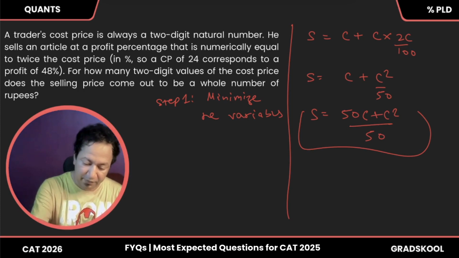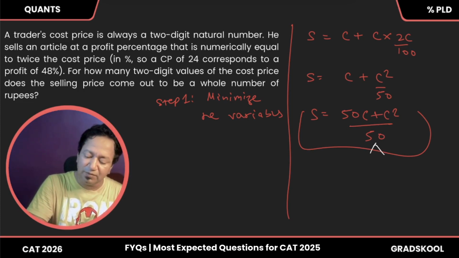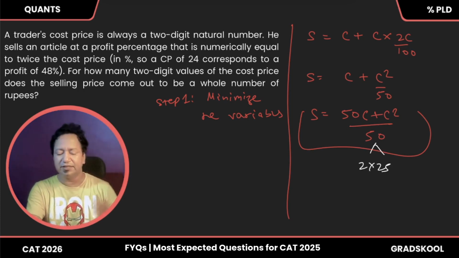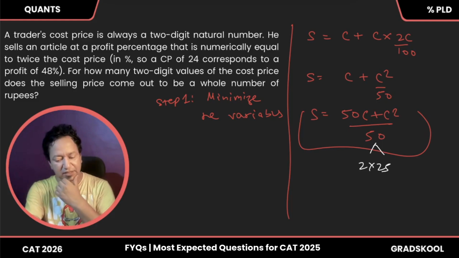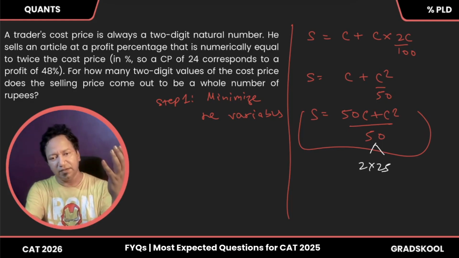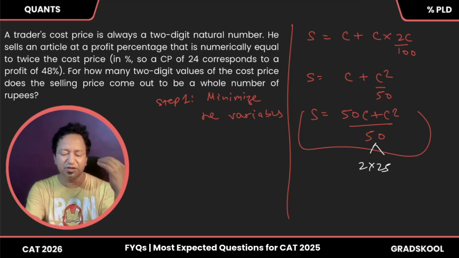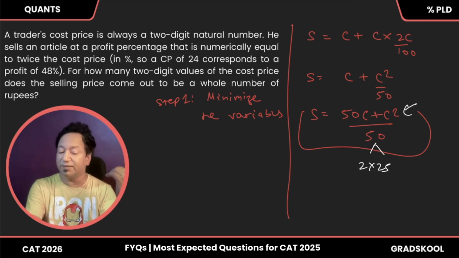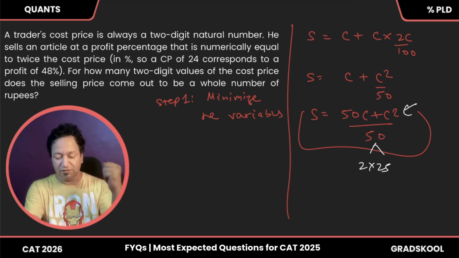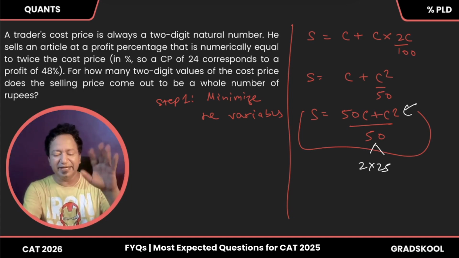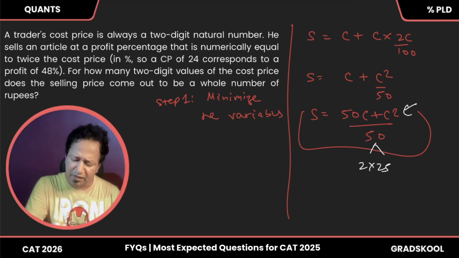What exactly is 50? 50 is 2 multiplied by 25, or I can say 2 into 5 square. If I want the selling price to be a whole number, that means I want the numerator to be completely divisible by the denominator. So 50C plus C square should be completely divisible by 50.